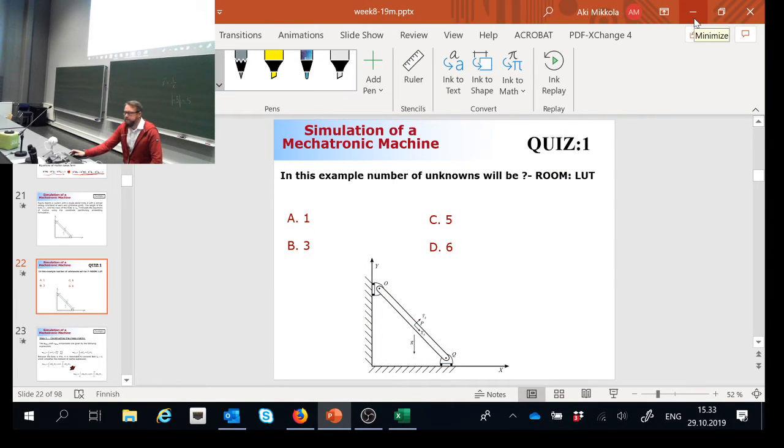So in this example, we are using the substitution technique. So we're using the embedded method, where we're embedding the constraints inside of the original equation. What is the number of unknowns? Choices are 1, 3, 5, 6.